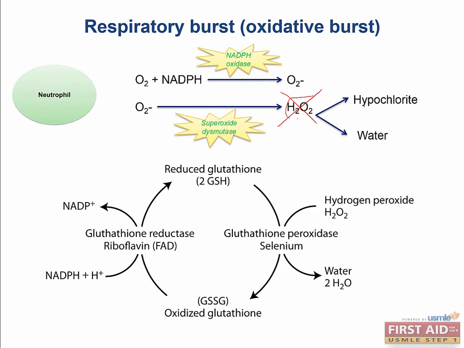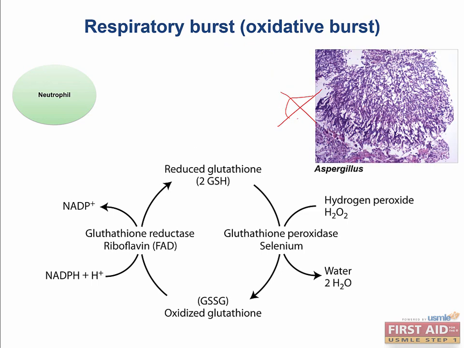So they have literally zero free radicals to fight off these particular pathogens. Examples of catalase positive species are, do you know? Here's a picture of one, Aspergillus, and another example that you all know, Staphylococcus aureus.